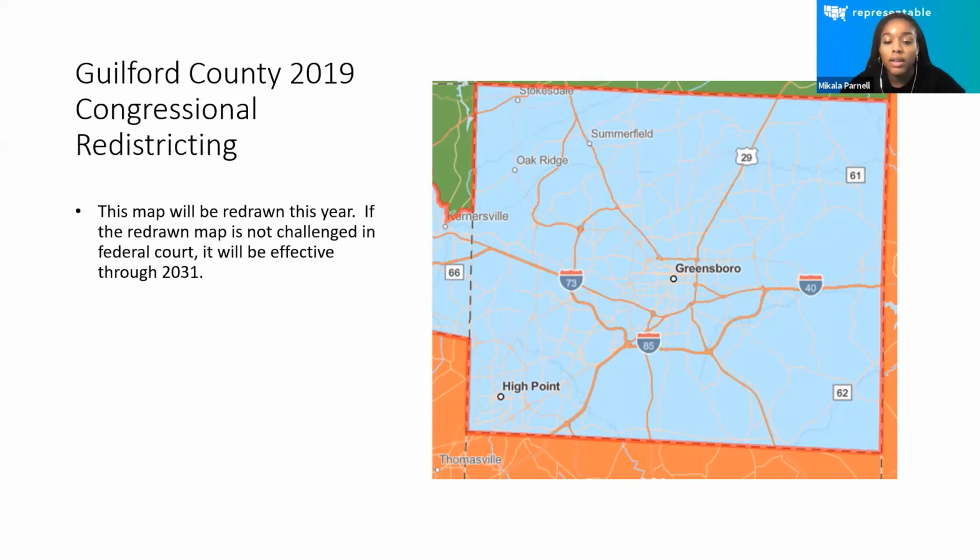It also gives organizations opportunities to create unity maps and do different types of analysis on the data before legislators get to it. And that helps to really focus in on these communities as well.